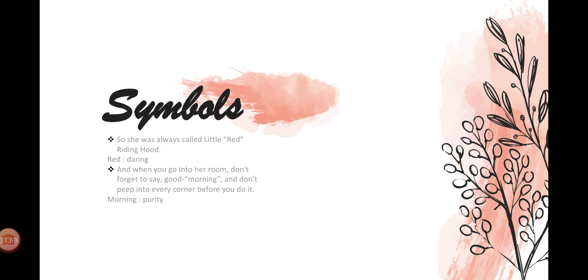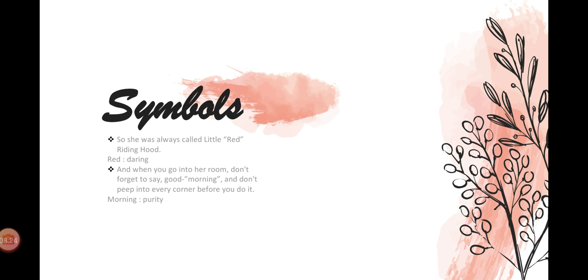Next, symbols. From the story, there are two symbols, red and morning. Red means daring. We can see from the sentence, so she was always called Little Red Riding Hood.